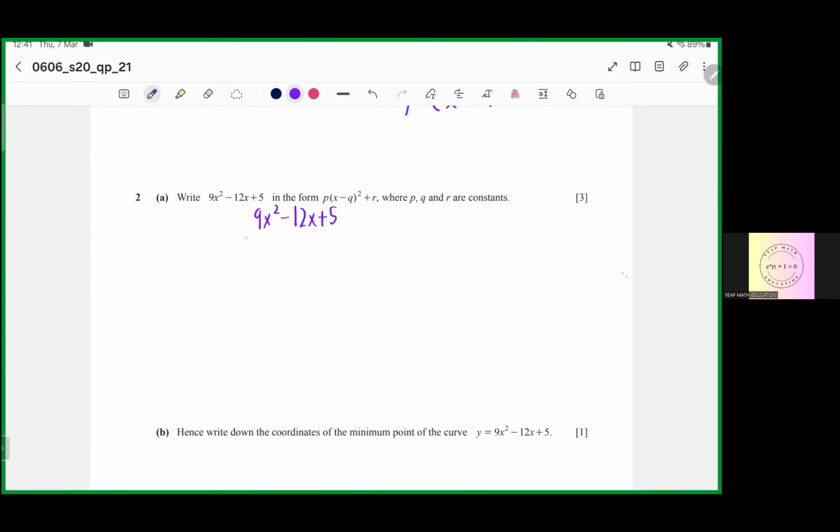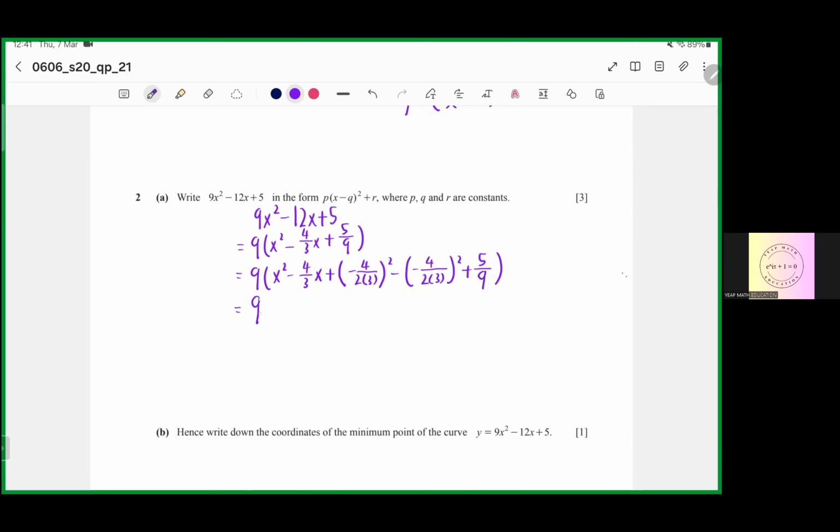Now I repeat this question, and I factorize out the 9. Bracket x squared minus 4 over 3 x plus negative 4 over 2 times 3 here squared, minus negative 4 over 2 times 3 squared, and then plus 5 over 9.